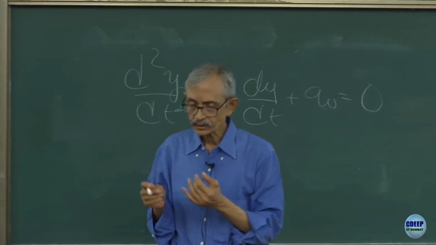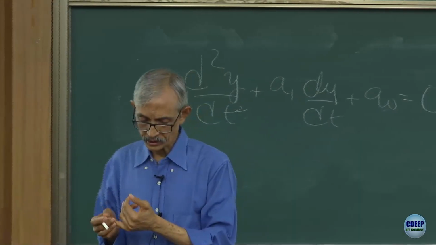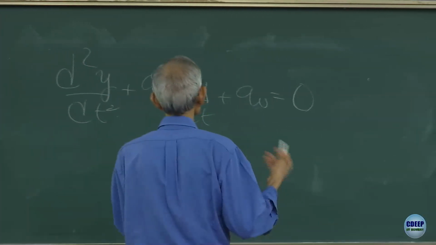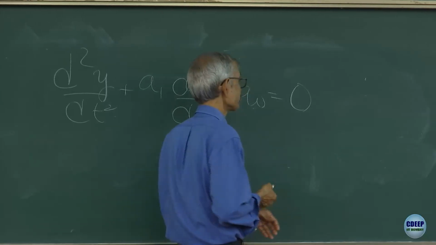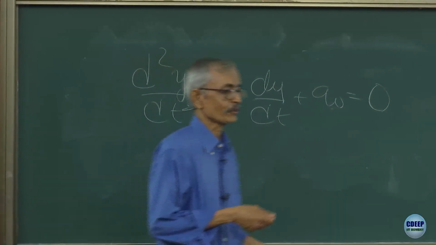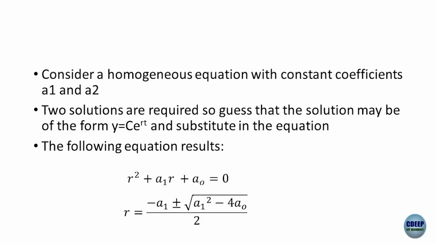Okay. So first we are going to look at the solutions to the homogeneous part, and then we are going to talk about the particular integral. Okay. So this is a second order equation, and what we say is that we are going to get the solution by hypothesizing that y is going to be c e to the power of some rt.